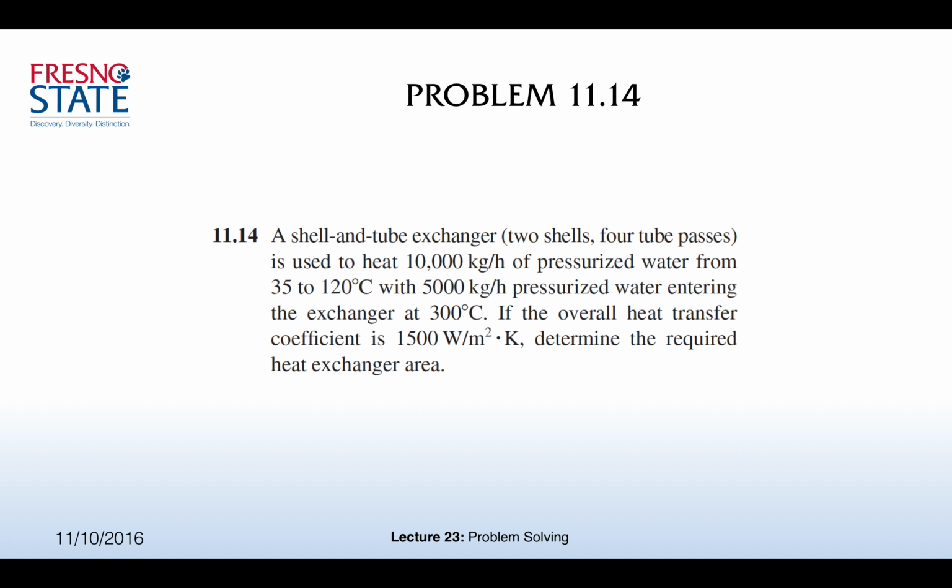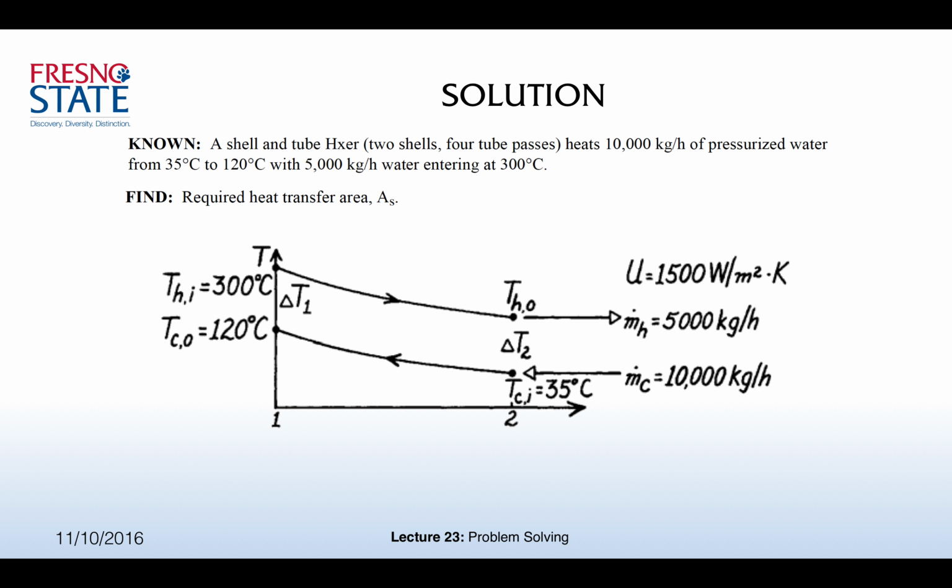So this is a problem where we have a shell and tube exchanger. We have multi-shells, multi-passes, so two shell passes, four tube passes. In this case, we need to find out the design parameter for the heat exchanger, which is the surface area required to do a certain job.